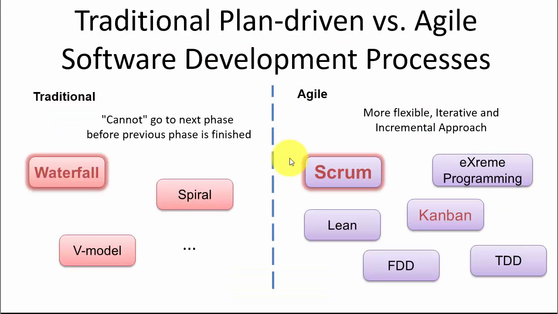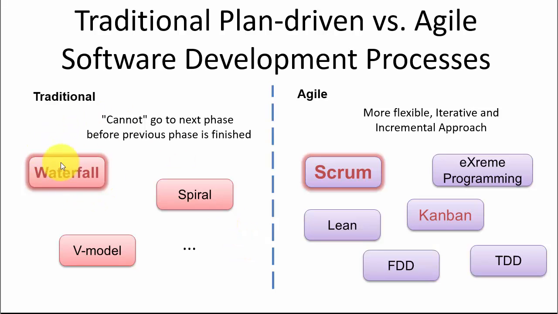When we create software, we typically use a software development process, and those processes can be divided into two parts. One part is called traditional software development processes.